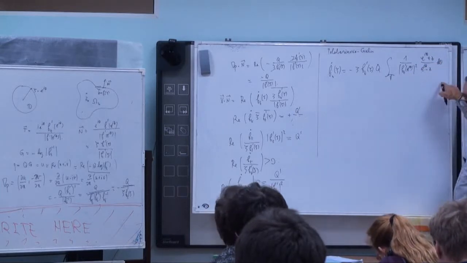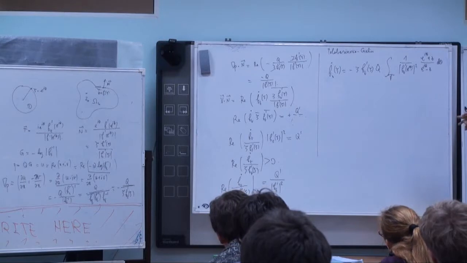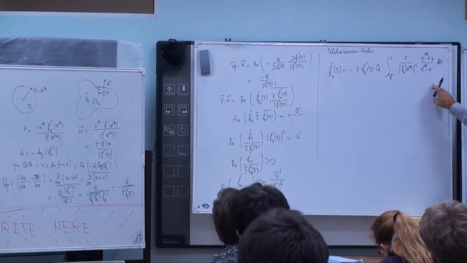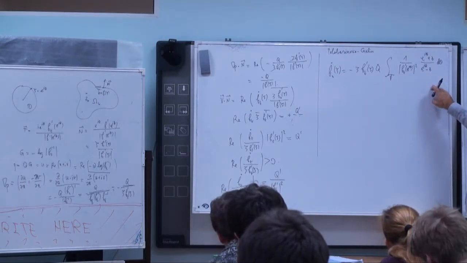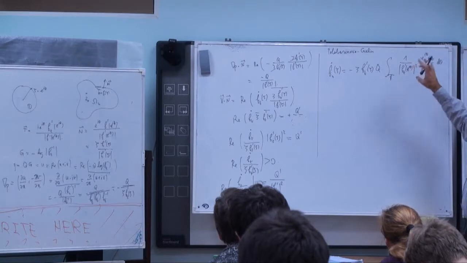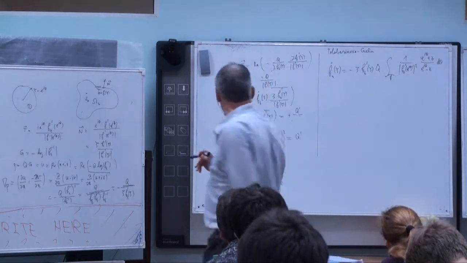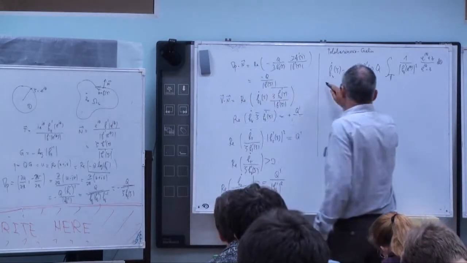So this is just the Cauchy formula I mentioned. Okay, so it's how to recover a holomorphic function from the real part of its boundary value.